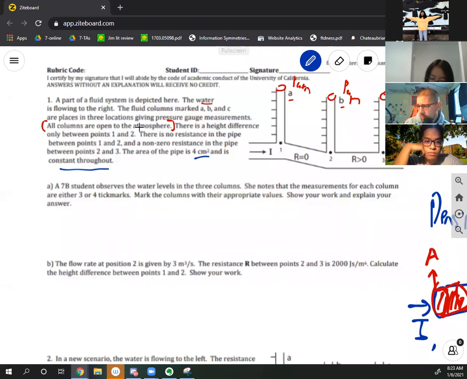So this sentence here is a more complicated one. This final sentence, the area of the pipe being 4 centimeters squared and constant throughout, this is a statement to me that the speed is constant throughout. So that's because of continuity. Continuity says that the current into a section of pipe has to equal the current out of a section of pipe.